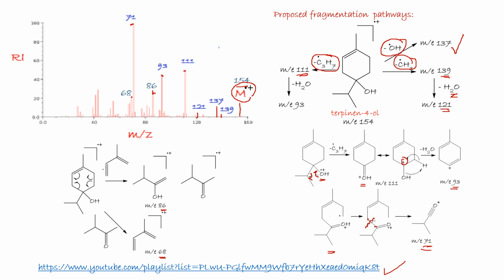So the fragmentation of the structure terpinen-4-ol, as it has been proposed and confirmed, of course, agrees with the structure. The fragmentation agrees with the structure based on what we have learned from mass spec fragmentation.